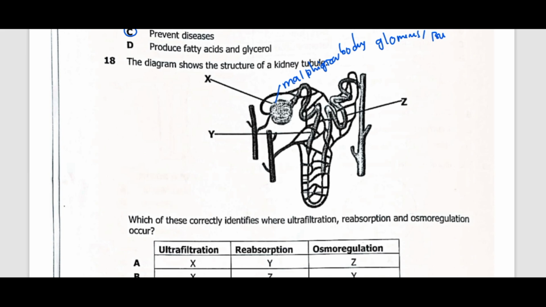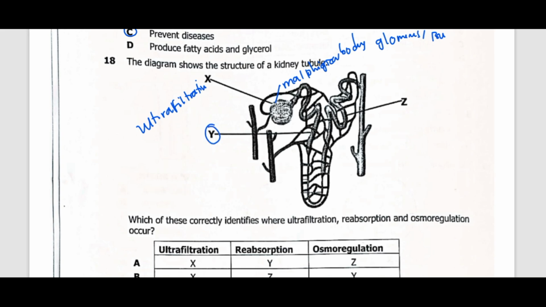At this structure, where we have the glomerulus and Bowman's capsule, is where ultrafiltration occurs. Ultrafiltration is also known as pressure filtration. So at least we know that at X we are expecting to have ultrafiltration.